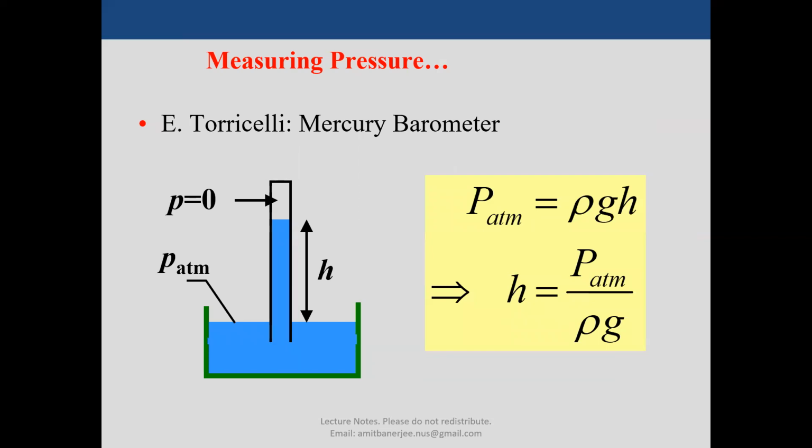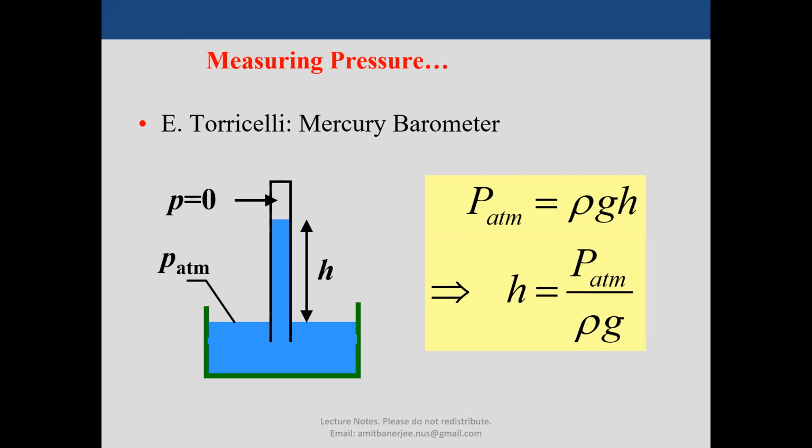So this we can use to measure pressure. And as we mentioned, mercury barometers are used to measure pressure, particularly the atmospheric pressure. And that can be given by the height in a location.